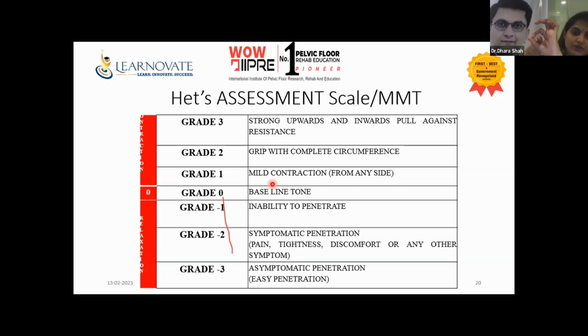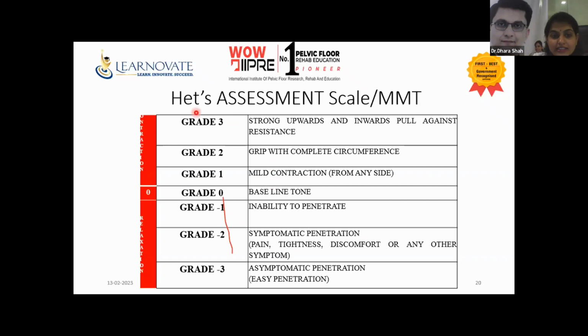So grade 1 is a mild contraction from either side: once you are inside, you give a command to the patient, squeeze as if you're trying to hold the urine, and you can just feel a flicker of contraction, that is grade 1. Or you feel a grip with complete circumference throughout your finger, that is grade 2. Or you feel a strong upwards and inwards pull against resistance, that is grade 3.